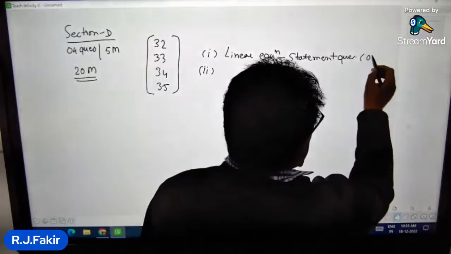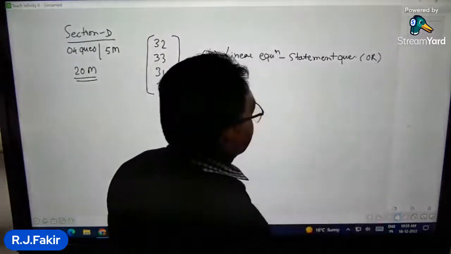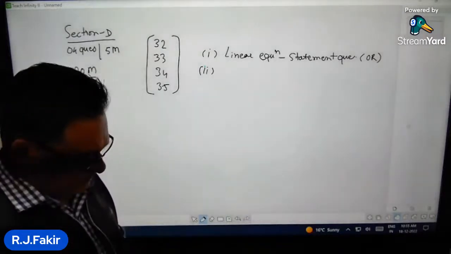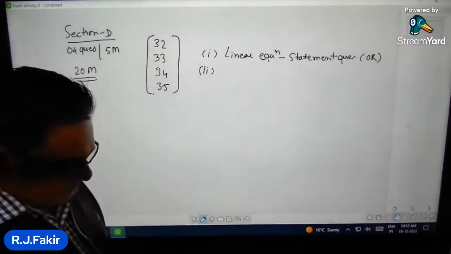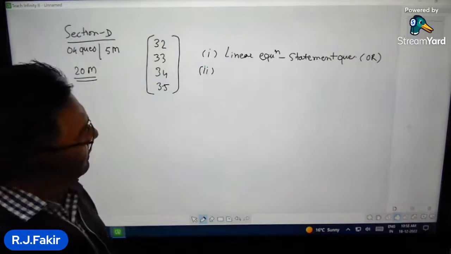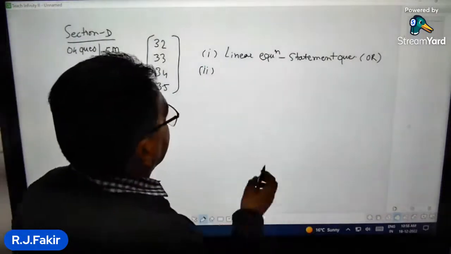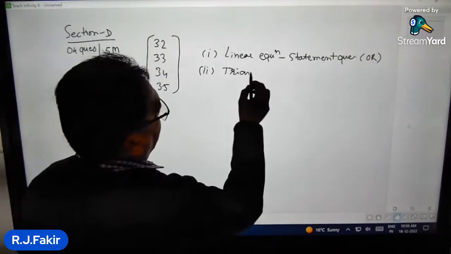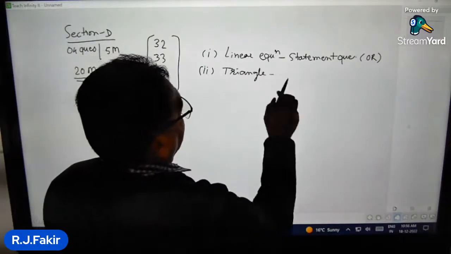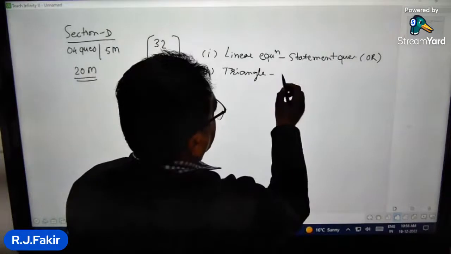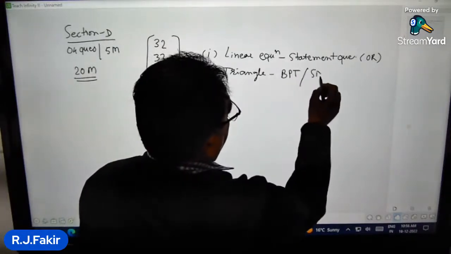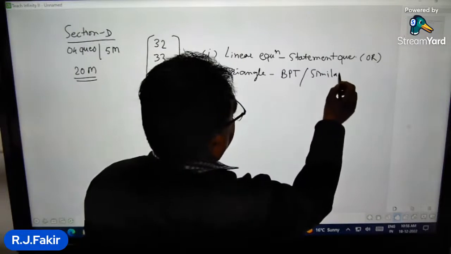That means you will get 2 statements, out of which one you have to attempt. One question you will get from the triangles chapter, that is similarity and BPT or similarity.